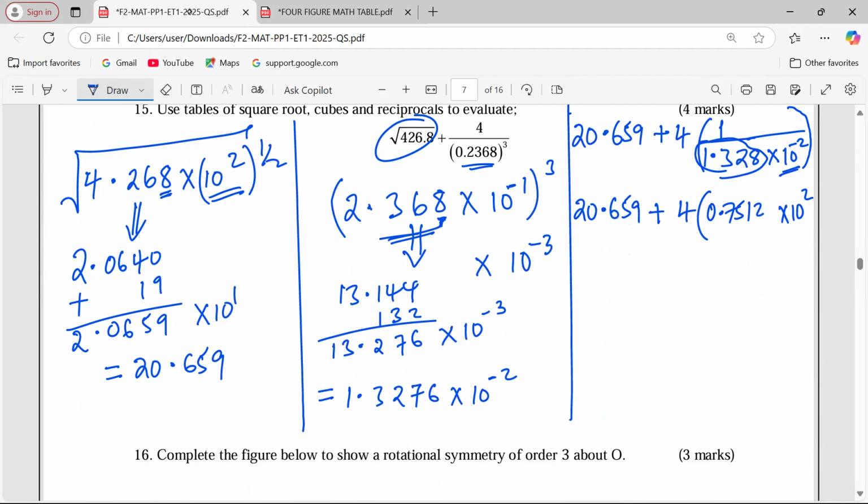So we'll be talking about now 20.659 plus. So when we take 4 multiplied by 0.7512 multiplied by 10 power 2, we're getting 300.48.